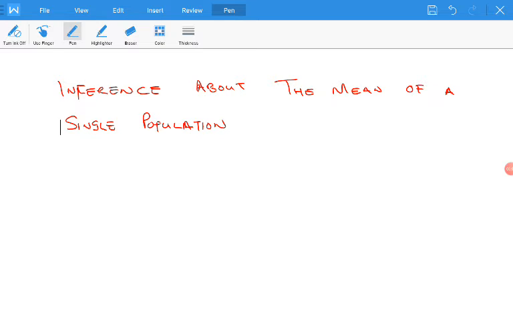We are going to be looking at the procedures that we take when doing hypothesis tests about the mean of a single population.